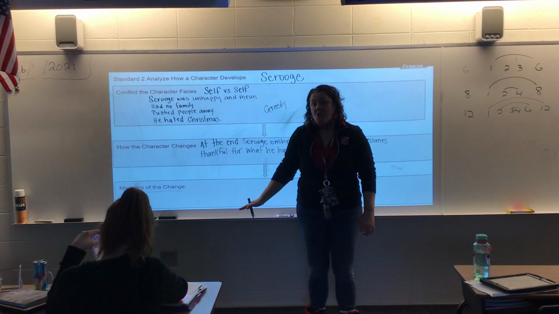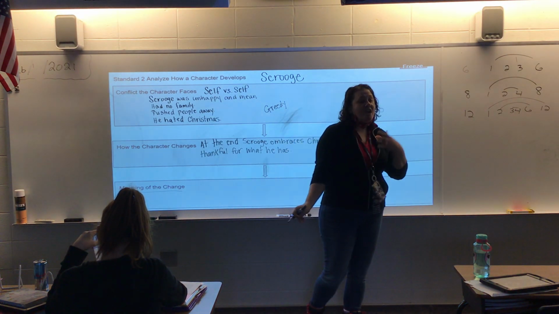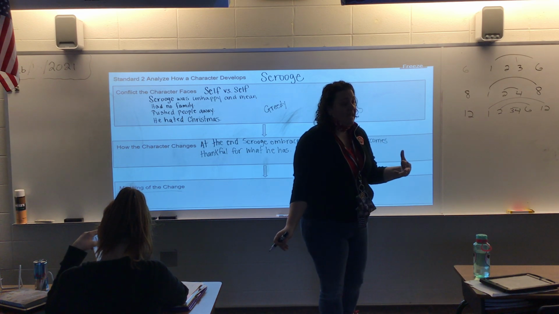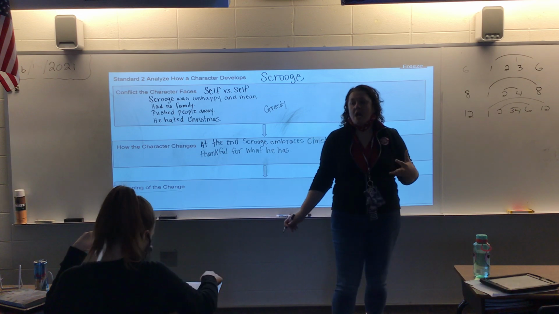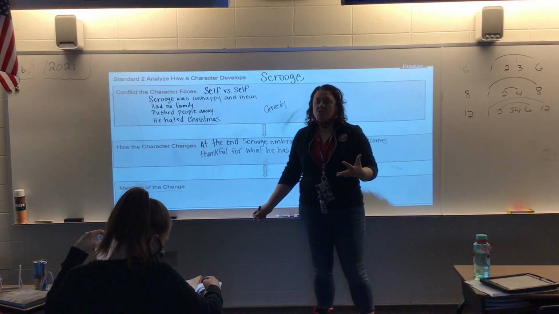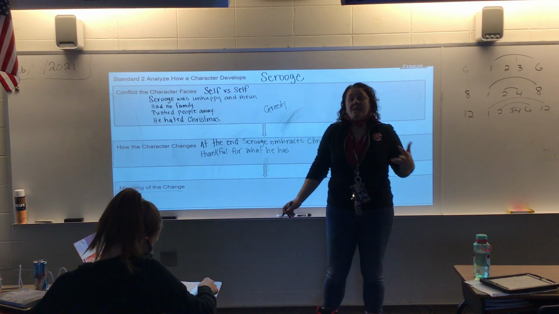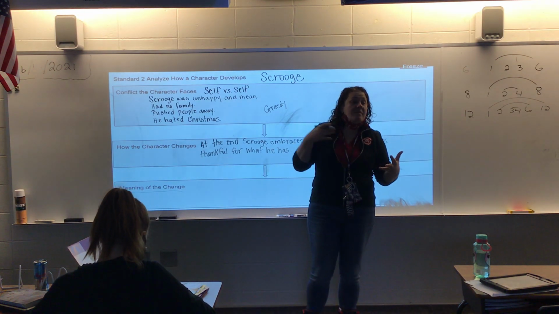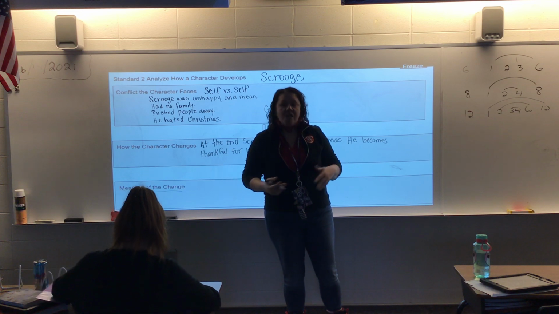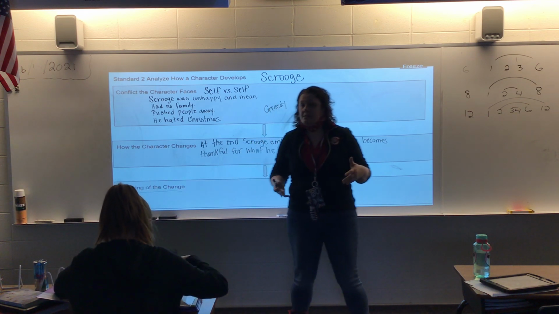That's one way they show it to you. So when you're trying to figure out what the theme of something is, one way to figure that out is to analyze a character. How does the main character change? Because they're changing for a reason. The author makes them a certain way and has them experience certain things to tell you what the theme is.